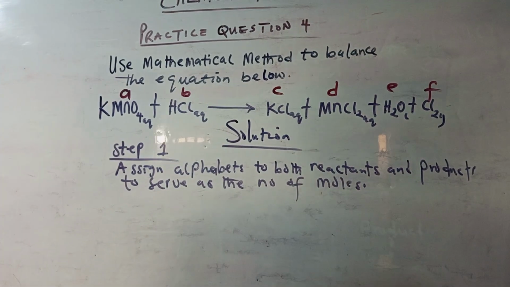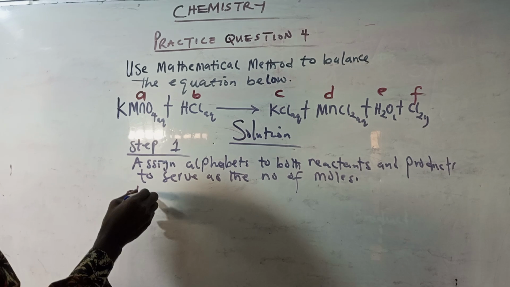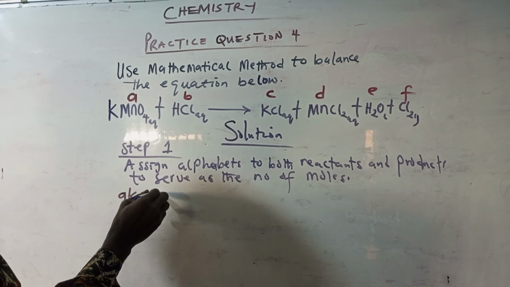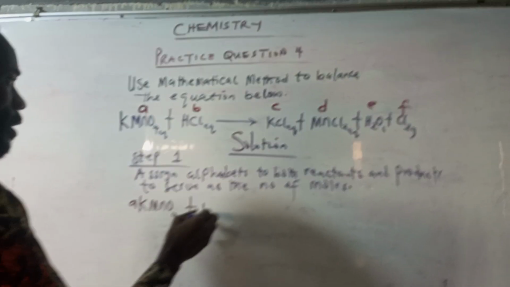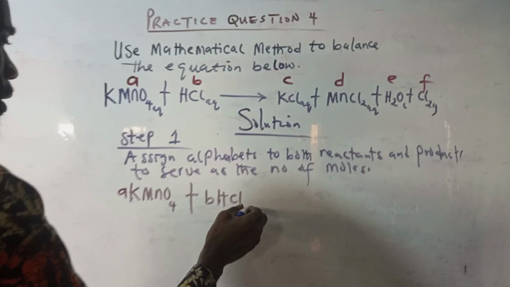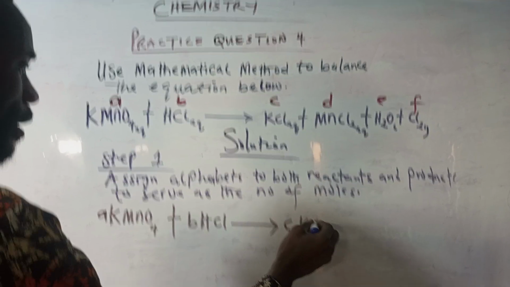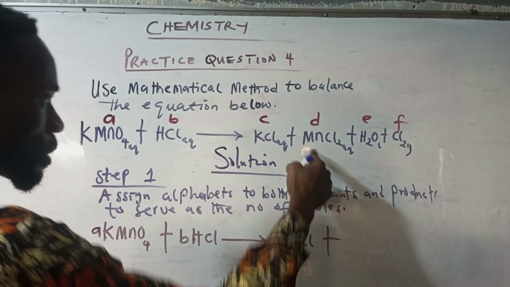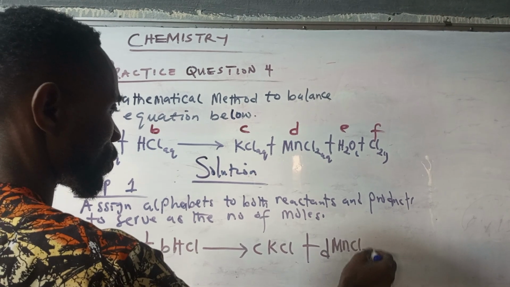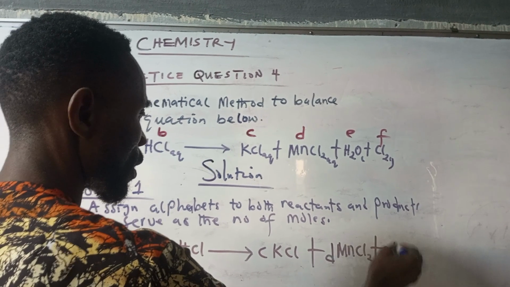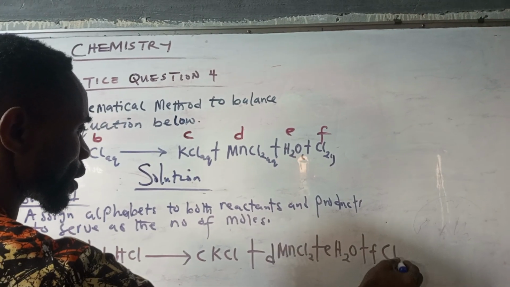So, writing the equation back, we now have A KMnO4 plus B HCl to form C KCl plus D MnCl2 plus E H2O plus F Cl2.